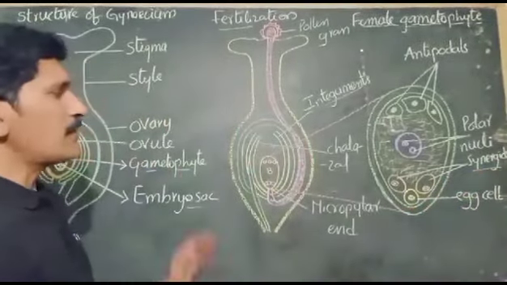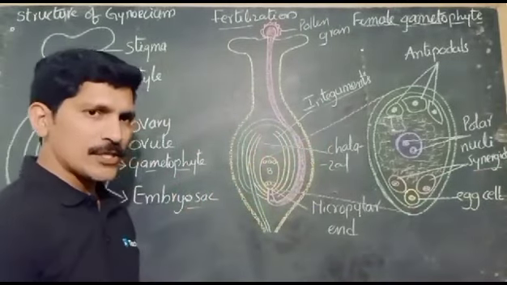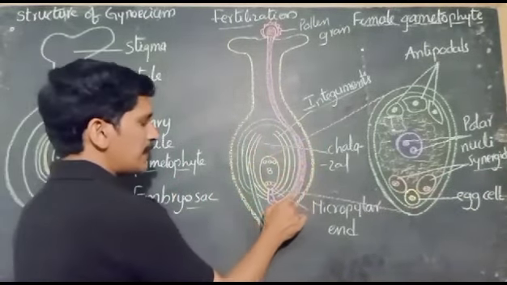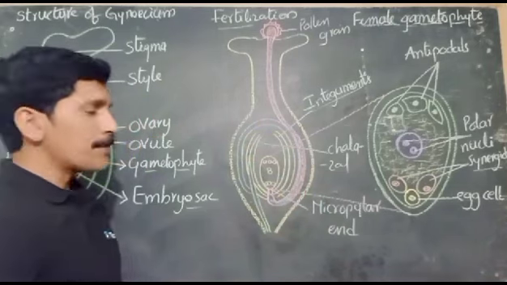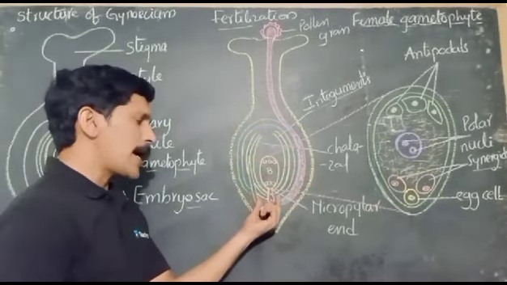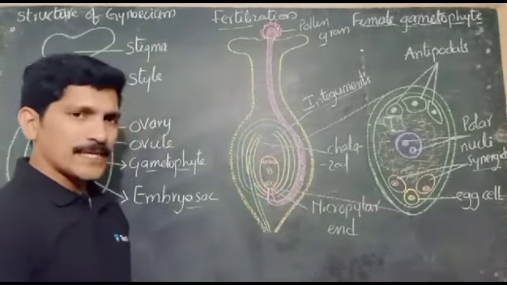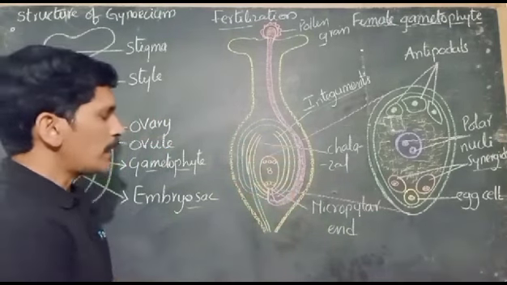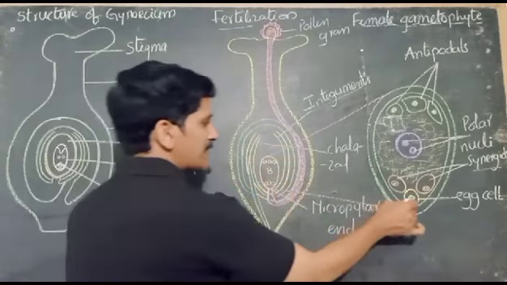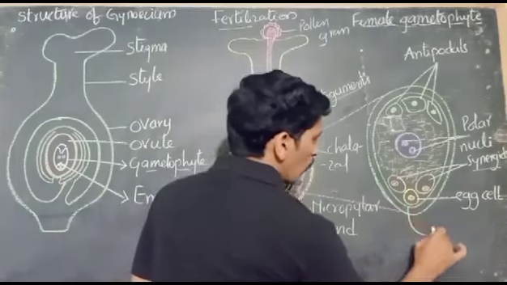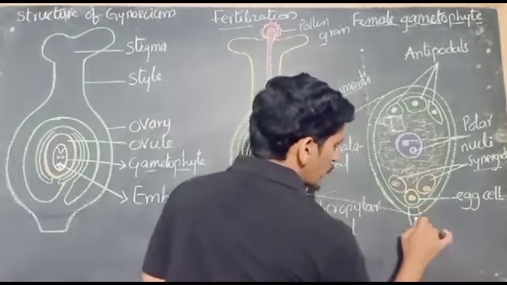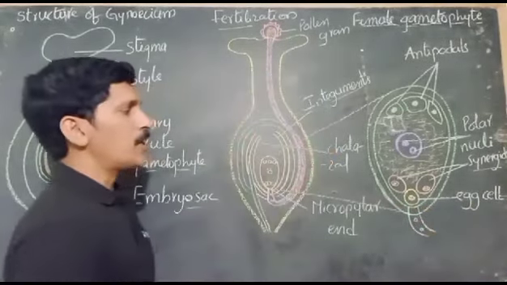And after pollination, when the pollen tube enters the embryo sac, of the 2 nuclei present in the pollen tube, 1 nucleus fuses with the egg cell. Here it is 1 nucleus out of the 2 nuclei present in the pollen tube.